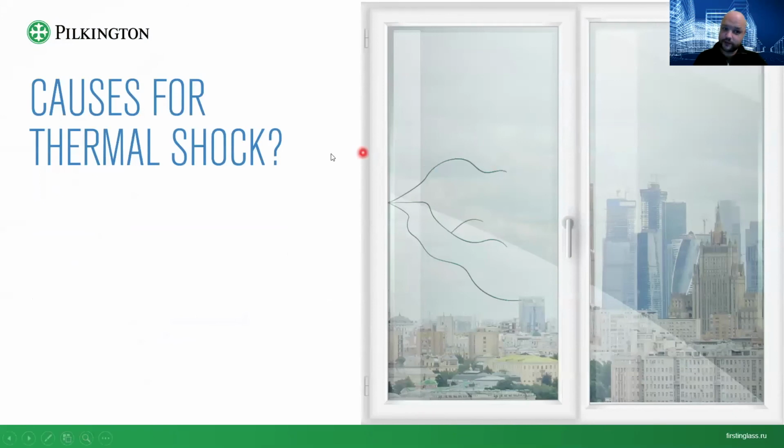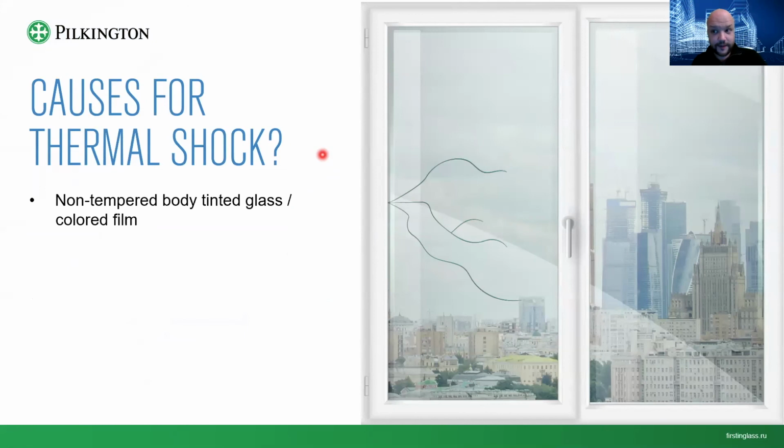Now, what affects the risk of thermal shock? What can cause it? So, the bigger the energy absorption of the glass, the worse. So, if you use body tinted non-tempered glass, or if you put a colored film on it, then you are in the risk zone.